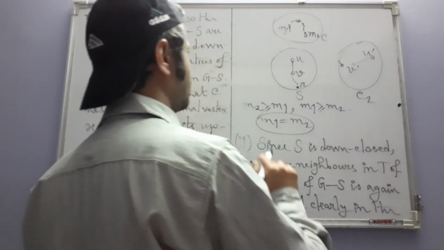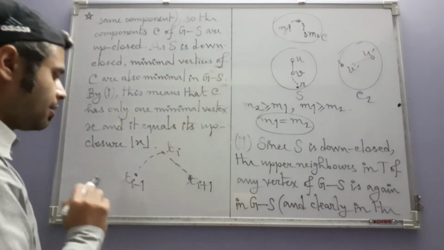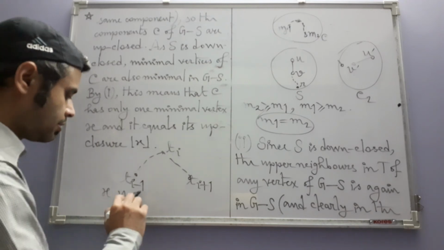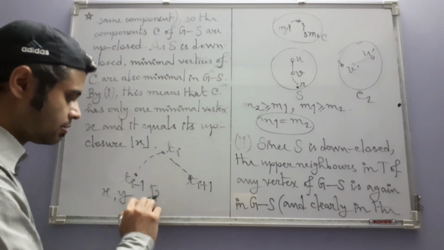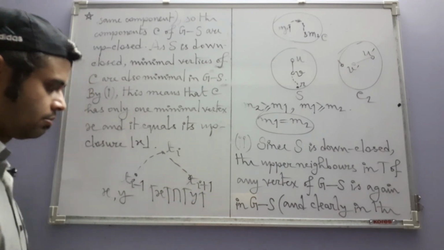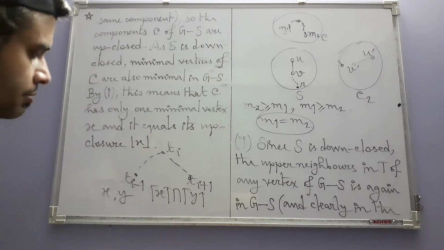Okay, why am I struggling? I can use part 1 here now. Part 1 says what? If we have two vertices x and y in the tree, then they are separated by the intersection of their down closures.